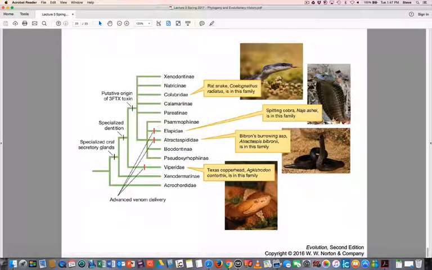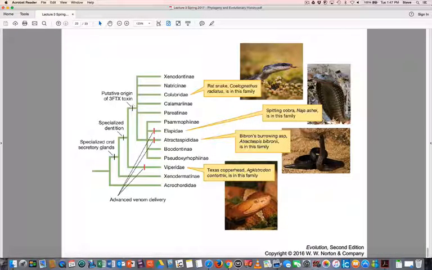So it was assumed early on that, well, a lot of these snakes have fangs but don't really have these advanced delivery systems, so they must not be delivering a lot of toxic chemicals to immobilize prey. What this wants to show you is you don't necessarily need an advanced delivery system to deliver really toxic chemicals and immobilize prey. All we're really going to focus on here is this thing called a 3-FTX toxin.